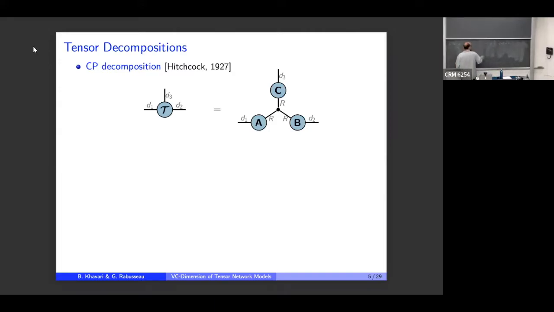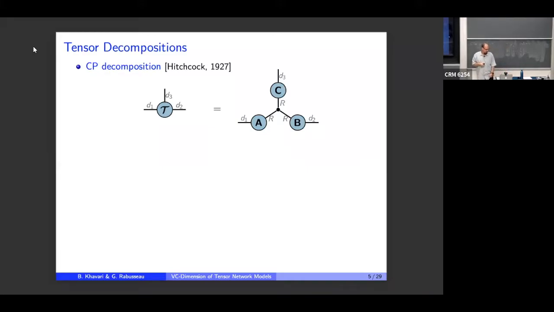If my matrix A that I represented here corresponds to taking those vectors A1, A2, up until AR and putting them as columns of a matrix of size D by R, and doing the same thing for B and C, then this expression is exactly the same thing as this summation of outer products of rank 1 tensors.